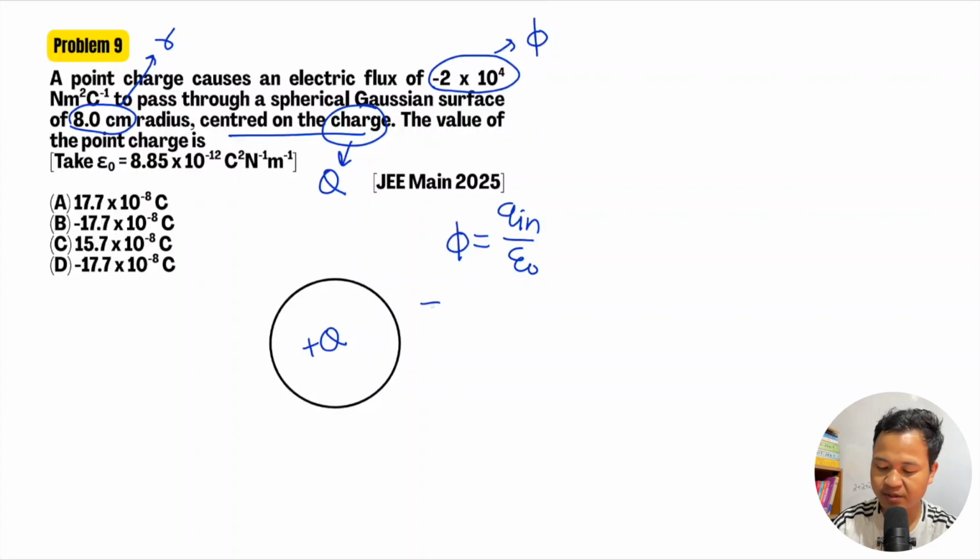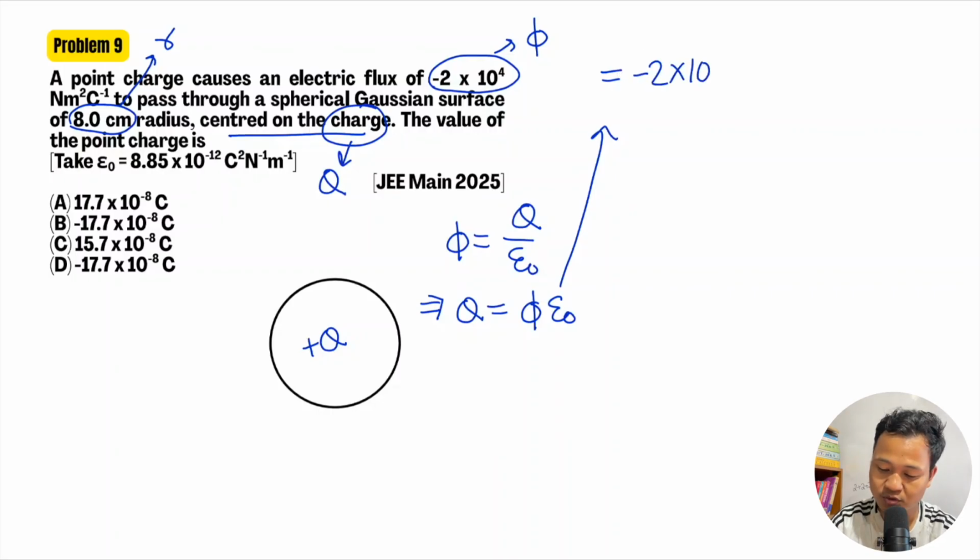By Gauss law, here we have to find q in. Whatever charge they ask for, let's say there is a charge q, so q in is basically q. So q equals flux times epsilon naught. Let's solve that. Flux is minus 2 into 10 power 4, and epsilon naught is 8.85 into 10 power minus 12.